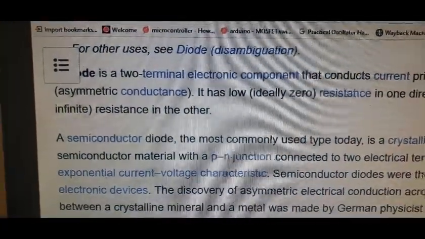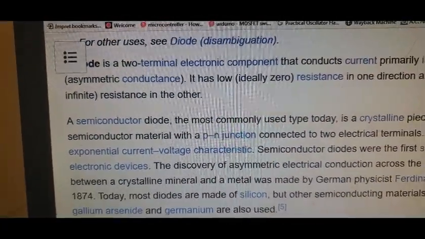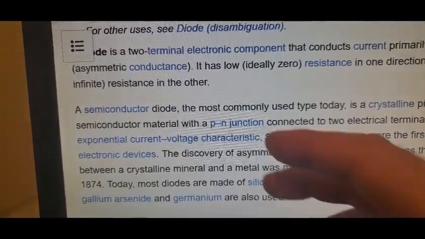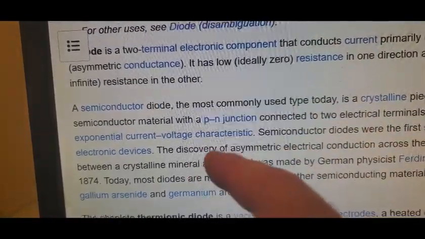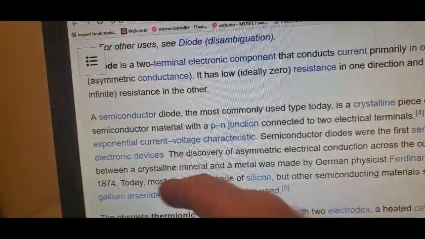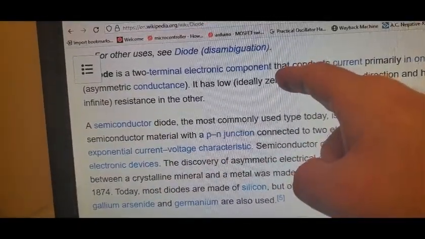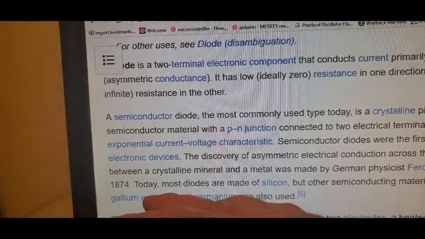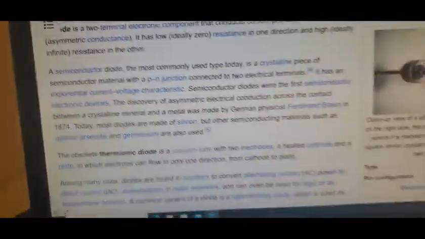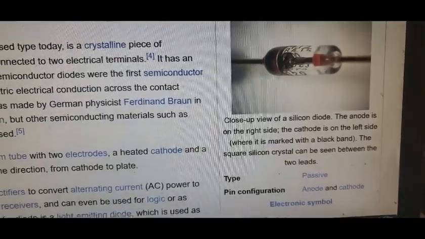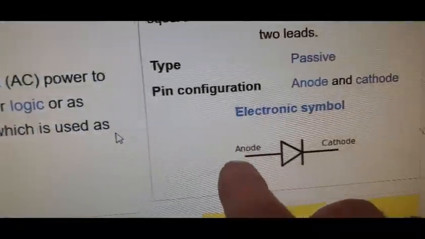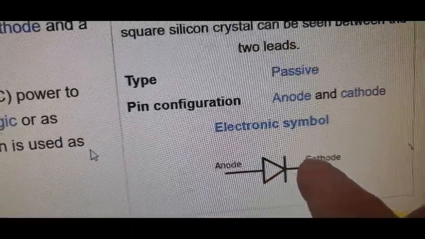Now a diode. I guess the best analogy, and I'm not a plumber so I don't know if I have the terminology right, is a flapper valve, where water can flow through a pipe one way, but if water flows back, it flaps shut and stops it. That's what a diode does for electricity. If I scroll down here you have the symbol for a diode.